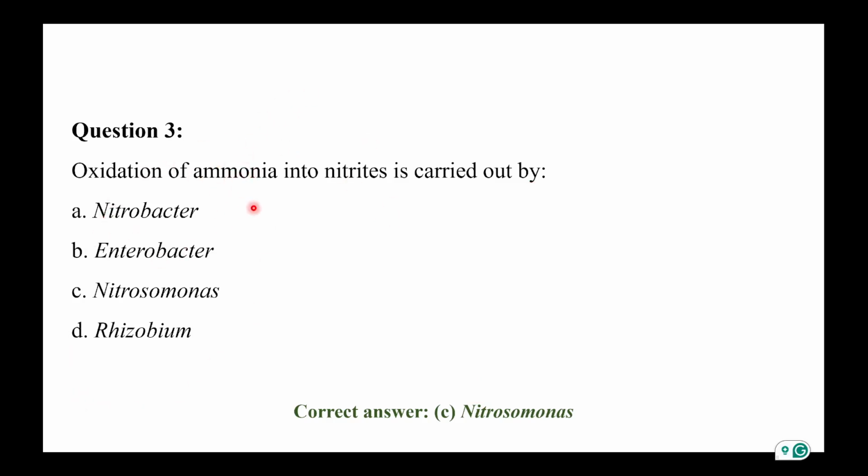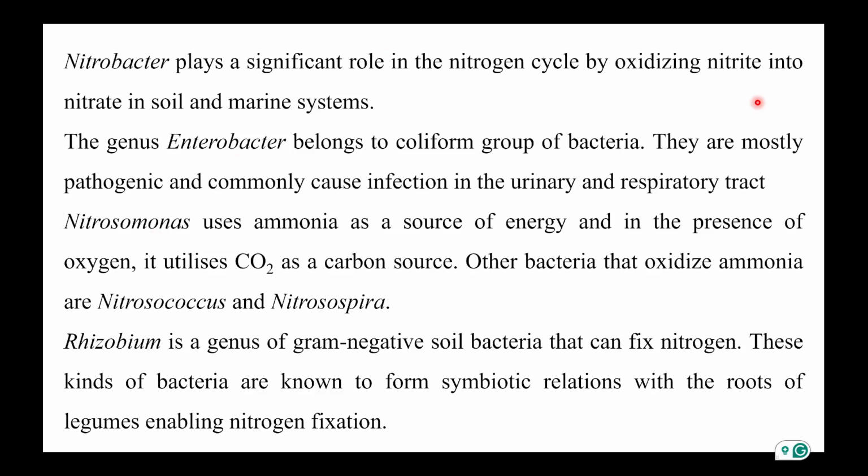All these bacteria have some or the other ecological significance. Nitrobacter is the one that can convert nitrite to nitrate. That is the second reaction of nitrification. So nitrification has two reactions. It starts from ammonia, which gets oxidized into nitrite, and then the second step is the oxidation of nitrite into nitrate.